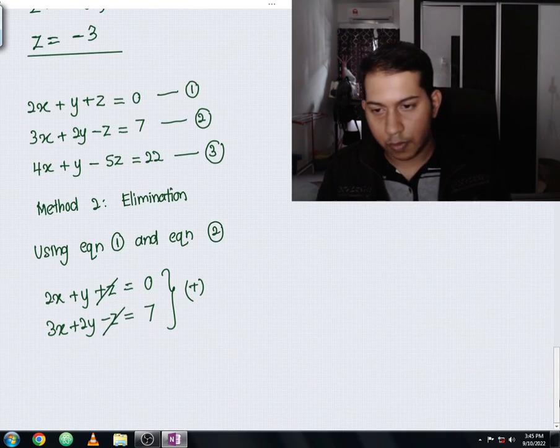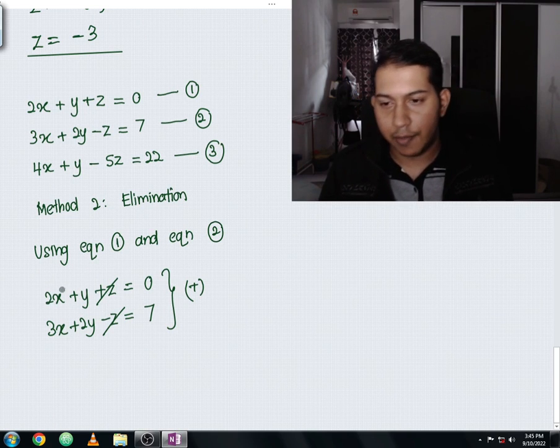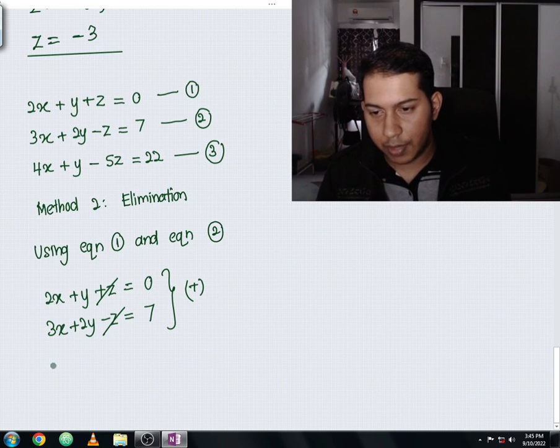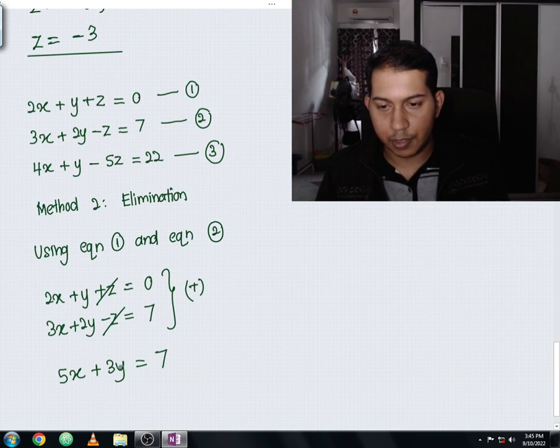Once you're done with the elimination of the z variable, proceed to the other variables. 2x plus 3x gives 5x, y plus 2y gives 3y, and then 0 plus 7 gives 7. So from here, 5x plus 3y equals 7.